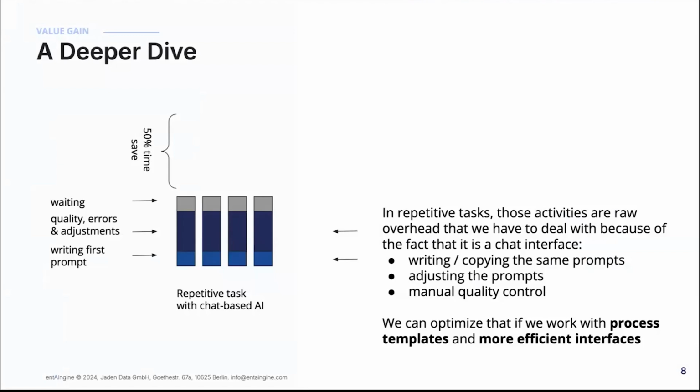We would get a lot of gains if we had to do that only once and then basically just upload our data and run the process over and over again.